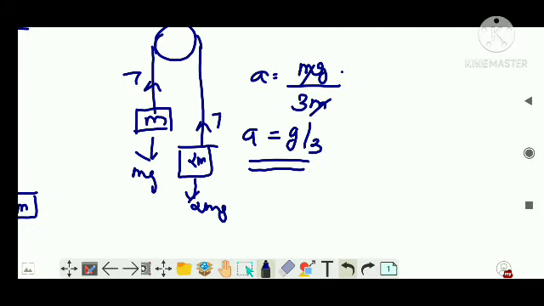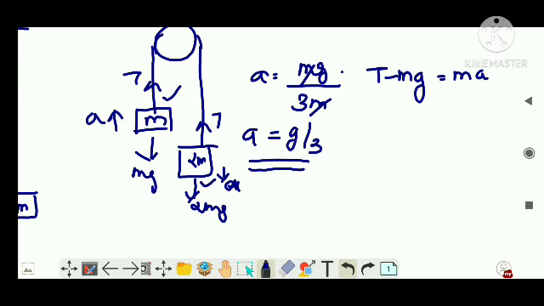Or you can do this longer way also. You write the equation for the mass m. Sorry, not T is equal to mg, we didn't consider acceleration. So let's say this will be the downward acceleration here and the upward acceleration here. So T minus mg is equal to ma for the first mass.